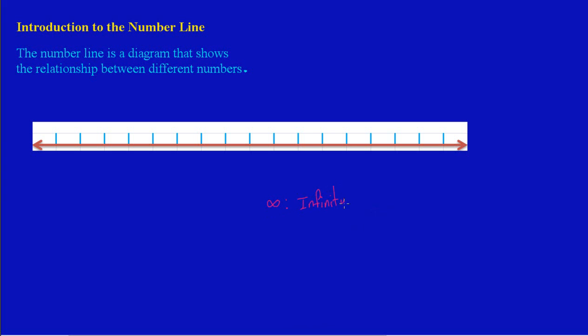Infinity. Okay? We do have another one, and it has a negative sign in front of it, and it's lying down on its side, okay? And that means negative infinity, okay guys? Now, this is positive infinity, this is negative infinity.